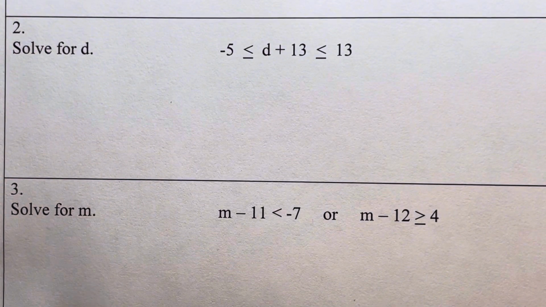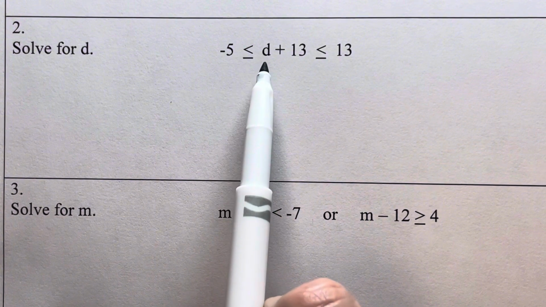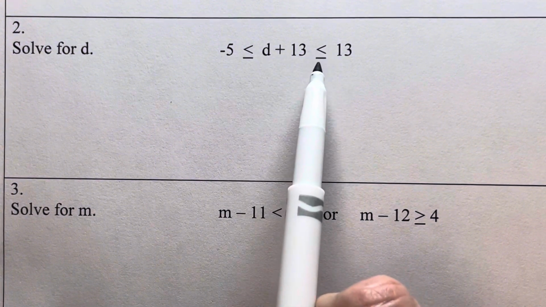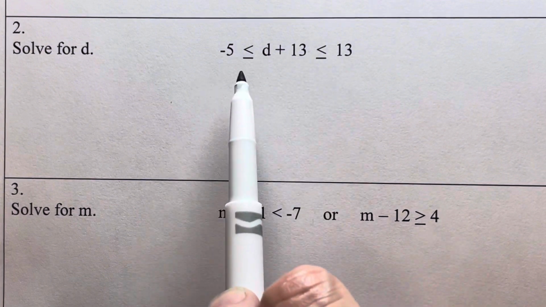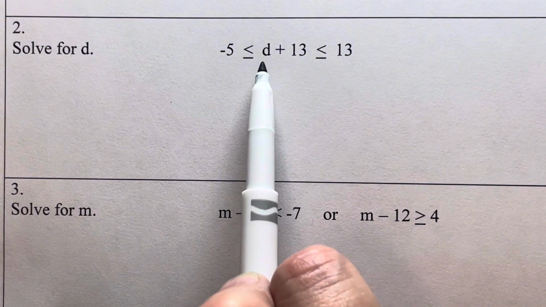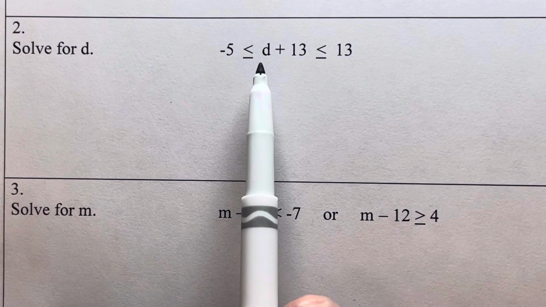Example 2. Solve for d, where negative 5 is less than or equal to d plus 13, which is also less than or equal to 13. This compound inequality is written out as one statement, and we need to solve for d. So it looks kind of weird as we get the process started in solving, but it's not too bad.